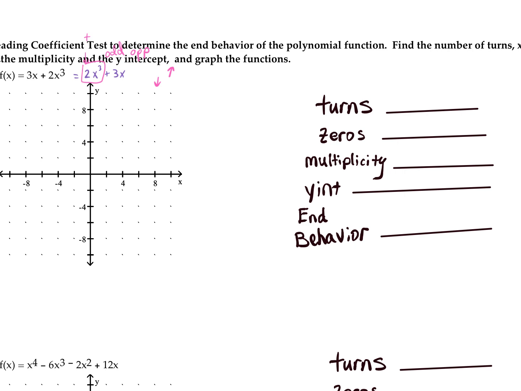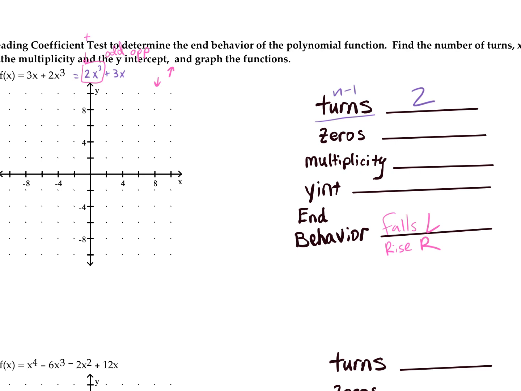So the end behavior, we would say, falls left and rises right. To find the number of turns, that is n minus 1, which n is our highest degree. So since our highest degree is 3, it'd be 3 minus 1, which is 2.